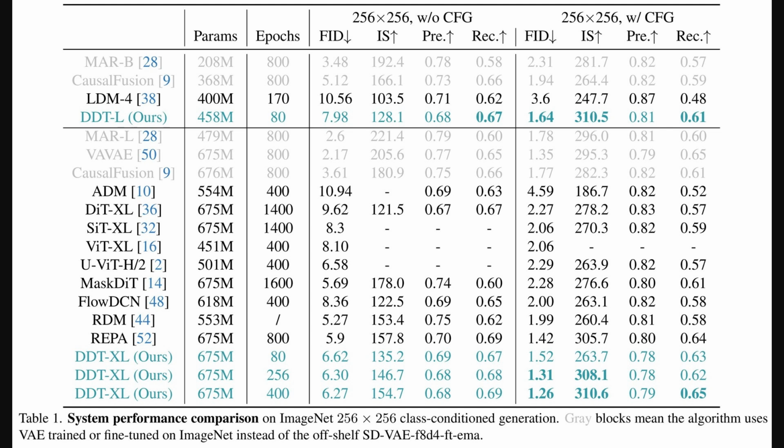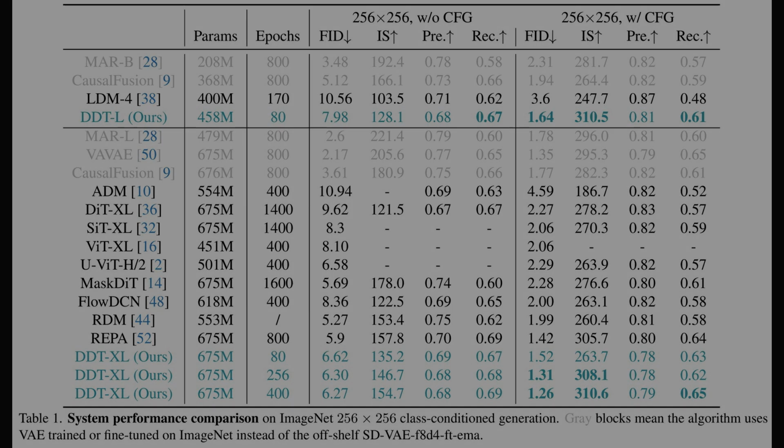The table shows results both with and without that classifier-free guidance. And with classifier-free guidance, the DDTXL/2 model achieves a Fréchet Inception Distance of just 1.31 after only 256 training epochs. Even without classifier-free guidance, it achieves a strong 6.62 Fréchet Inception Distance in just 80 epochs.